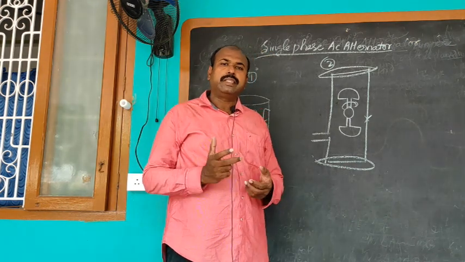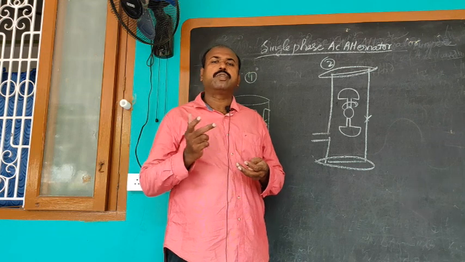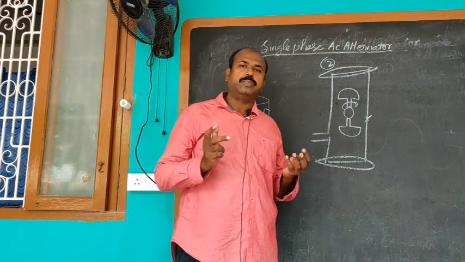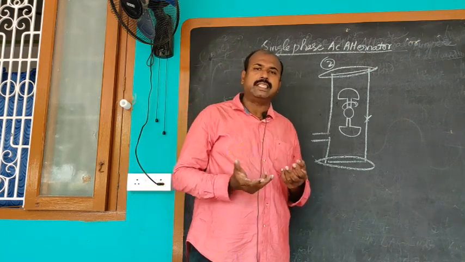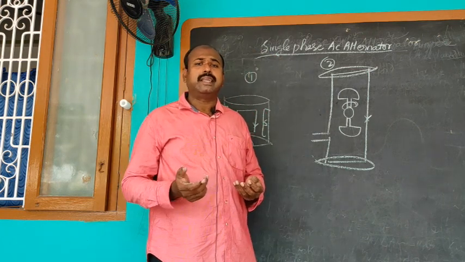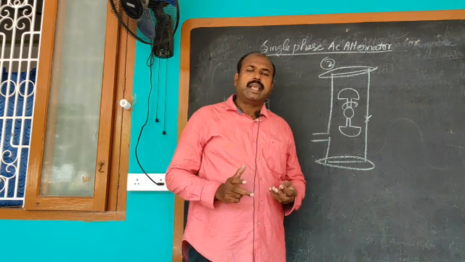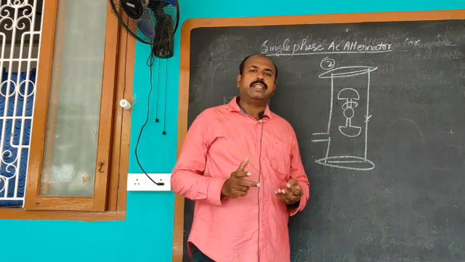One is mounting the armature coil in the stator, and another one is mounting the armature coil in the rotor. Both ways can be used to convert mechanical energy into electrical energy. But in a commercial AC alternator, normally the armature coil is mounted in the stator and the field magnet is mounted in the rotor.